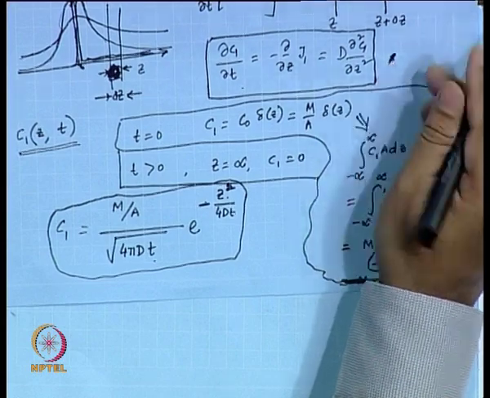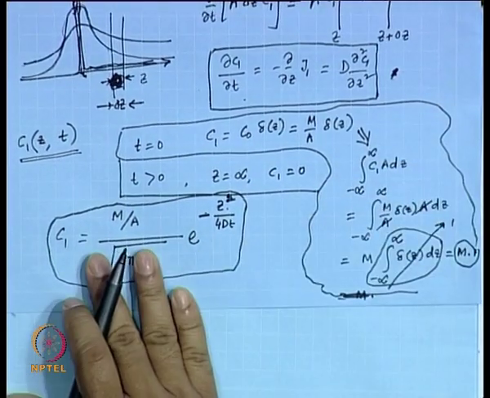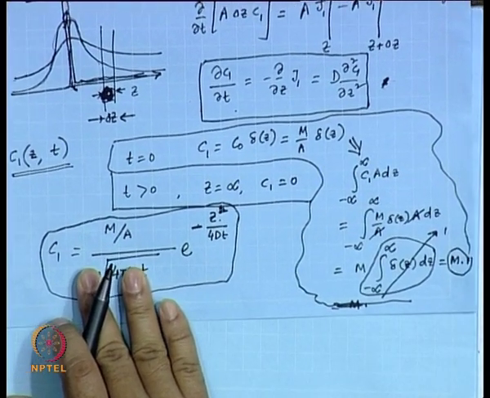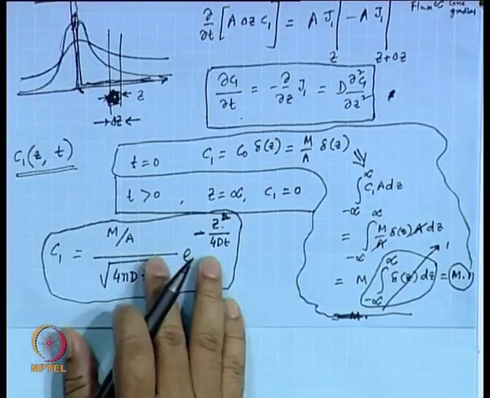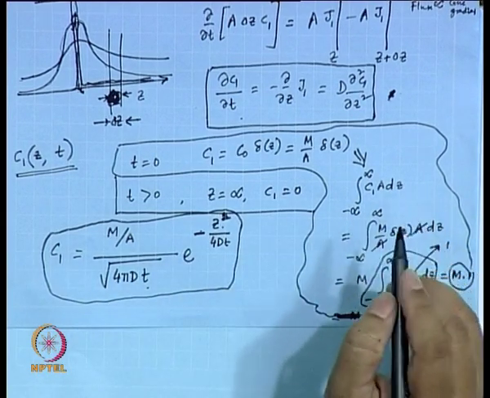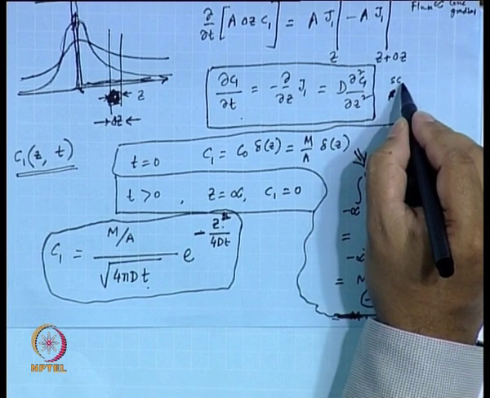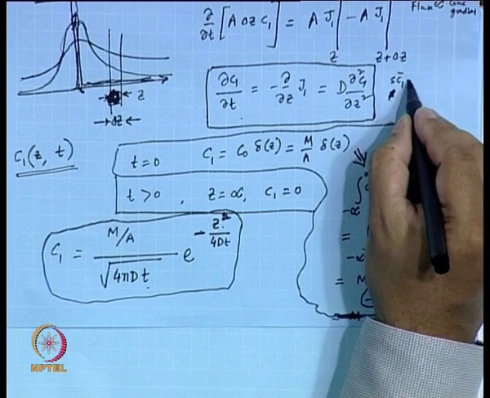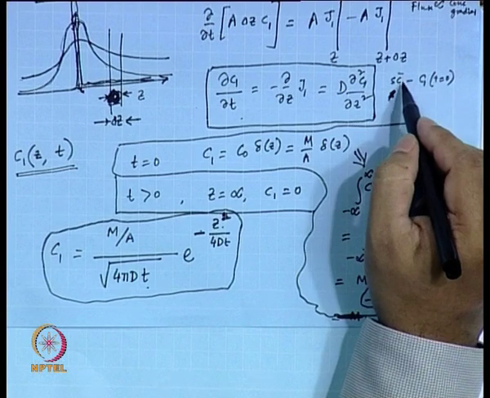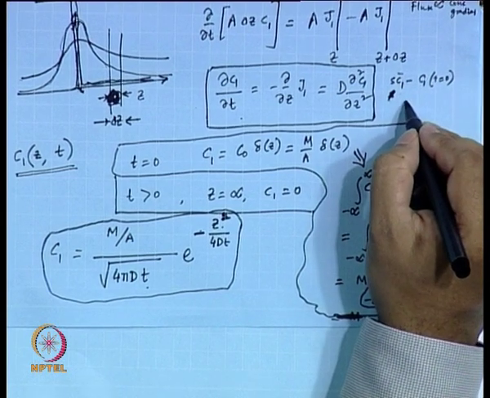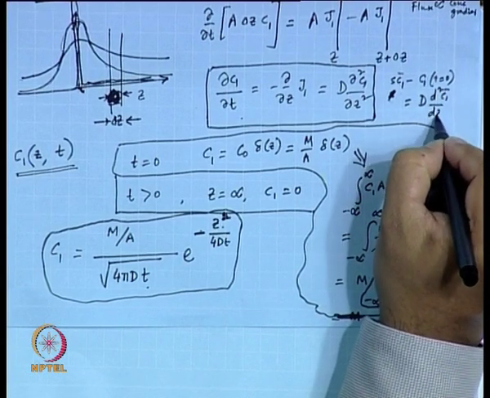Say you write it in Laplace transform, then this would appear like this: S C1 bar minus C1 at t equal to 0. That is the Laplace transform of del C del t, and that is equal to d square C1 bar dz square.